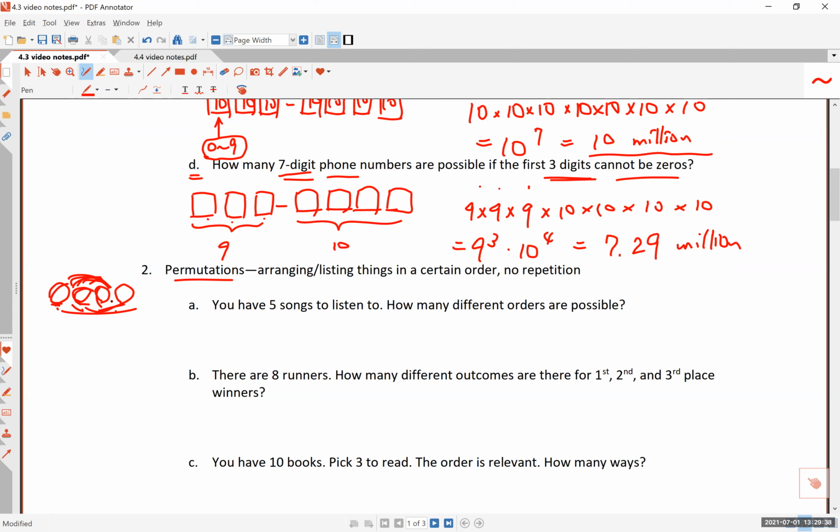Let's say you have 4 books to choose from, and you're only going to pick 2, and you're going to put them on the shelf, or make a list of 2 books to read where the order is important. You can pick any of the 4 books for your first book, but once you took that one, you can't say, well, I'm going to read this book again.